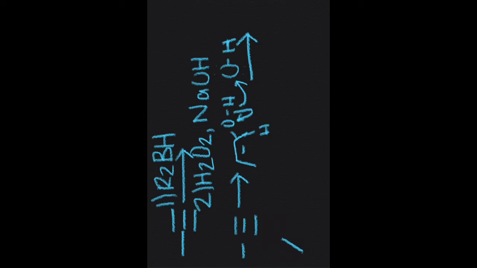So we get this product as a result, and then this product is going to resonance stabilize into an enolate ion, by using this pair of electrons on the oxygen to form a double bond, and this double bond is going to be turned into electrons on this carbon group.